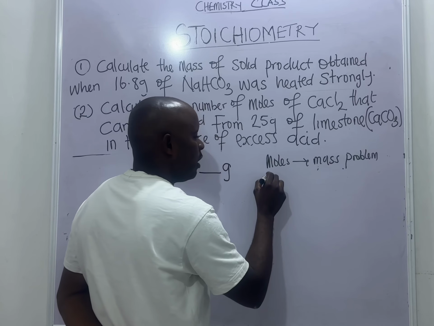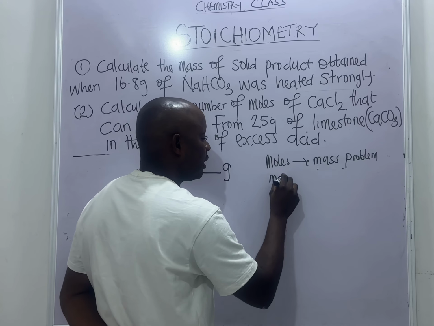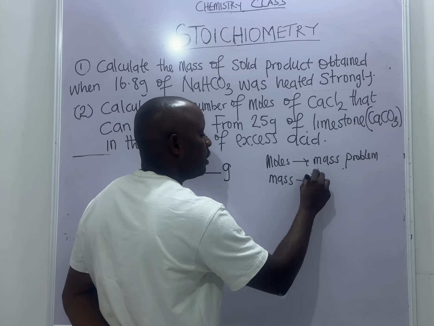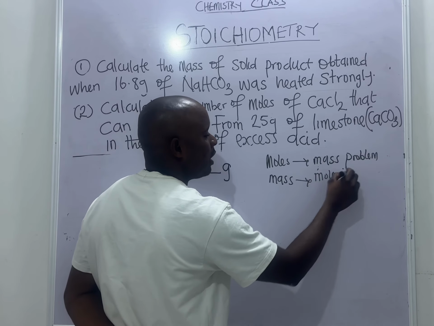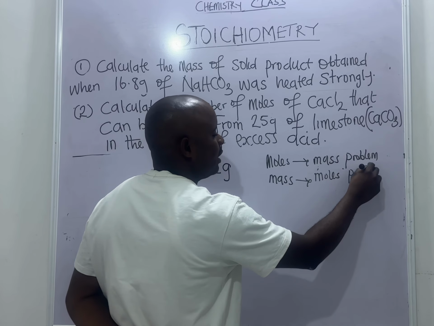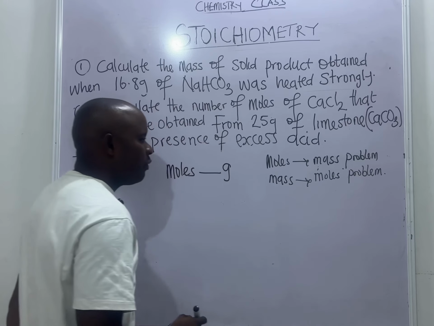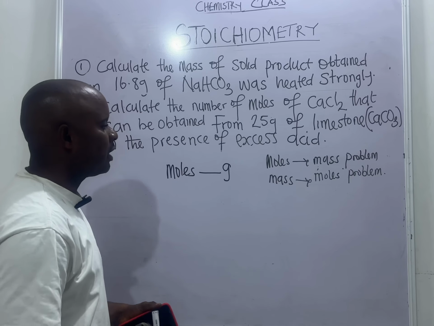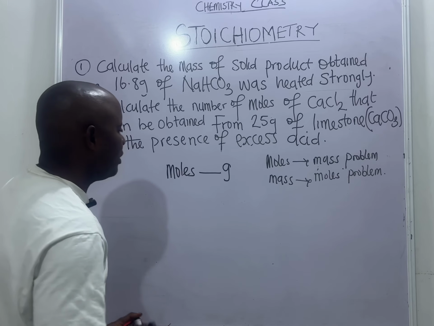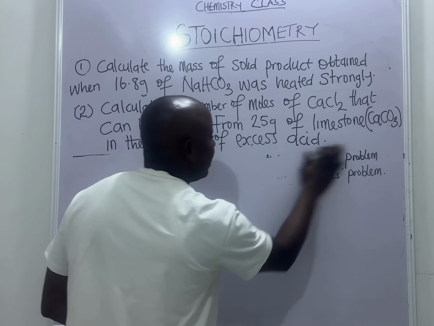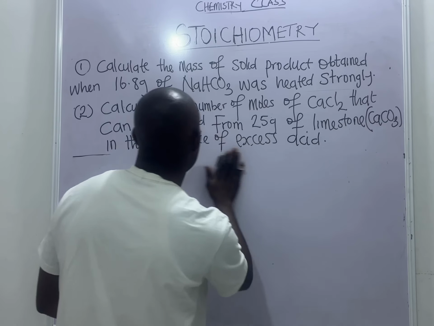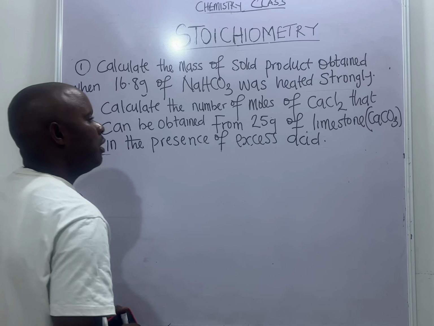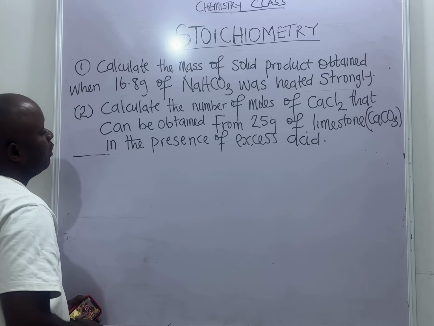mass to mass problem. Whatever the case, they are the same. Our ability to write this chemical equation will give us a better understanding of what is happening during this reaction. So let's have the chemical reaction of this question.